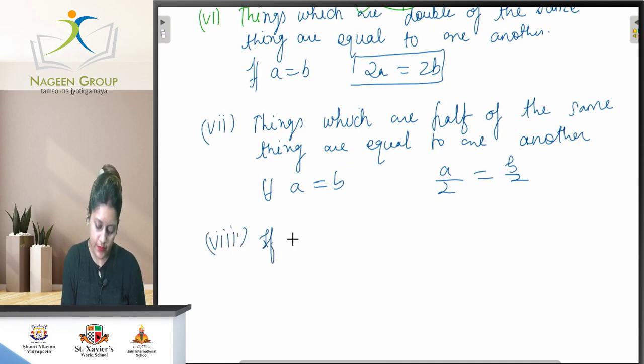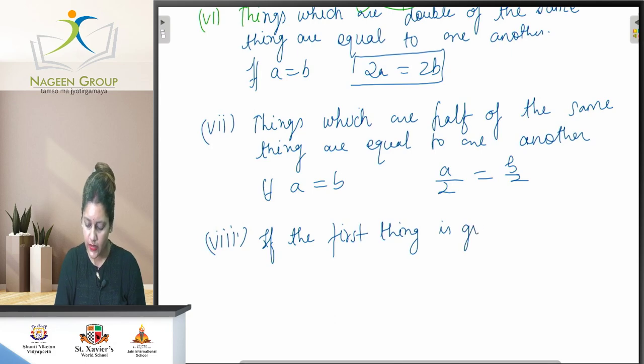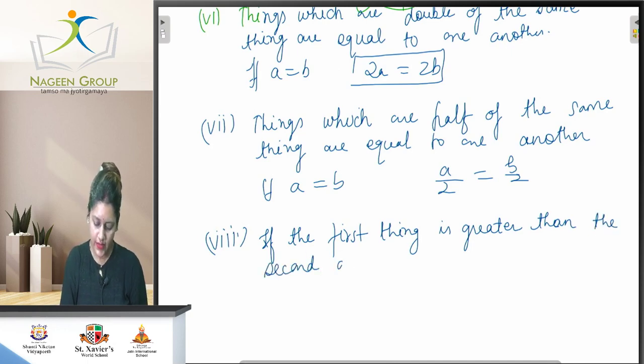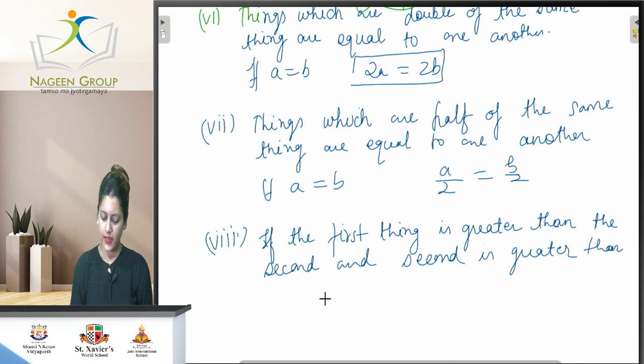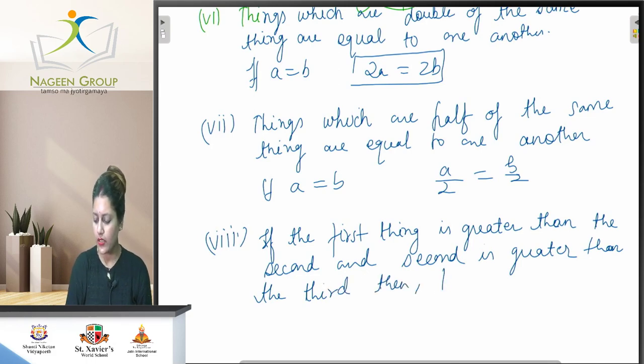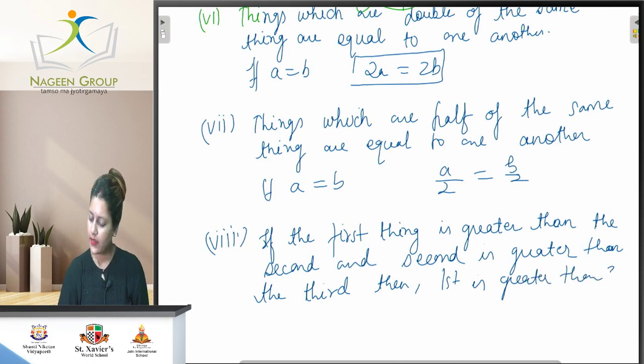If the first thing is greater than the second, and the second is greater than the third, then the first is greater than the third.